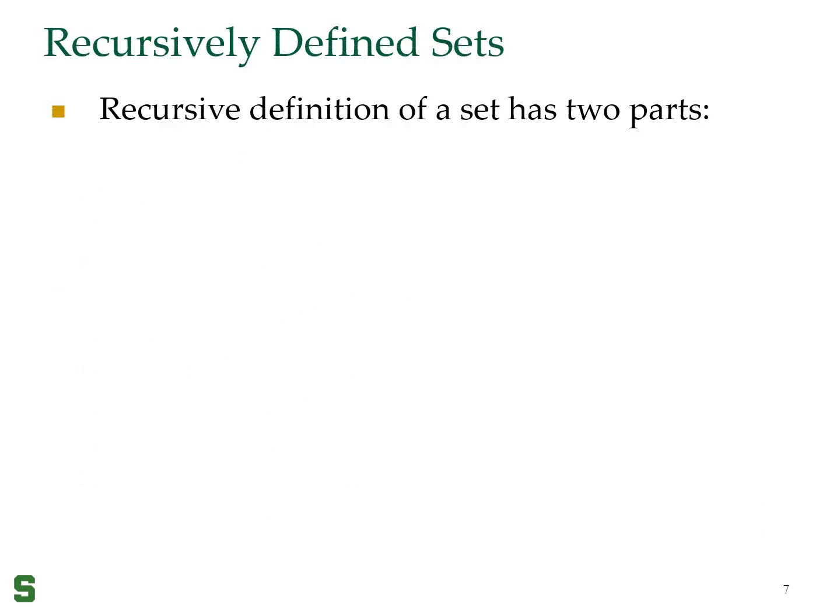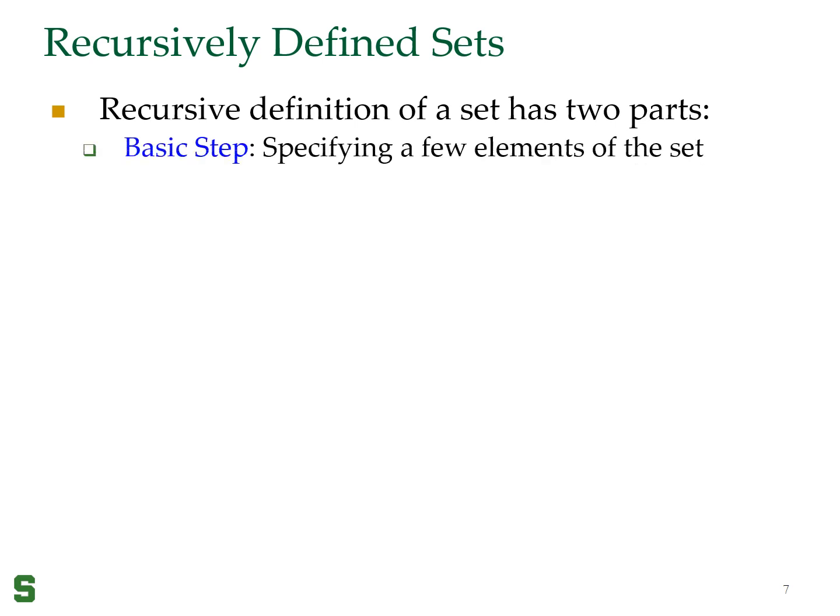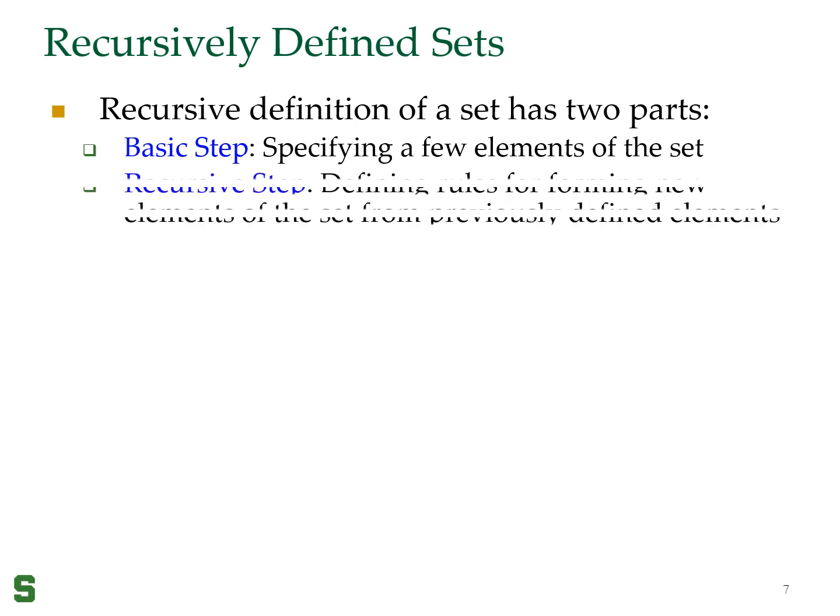We can define sets recursively as well. So for a recursively defined set, we need to have a basic step that specifies a few elements in the set, and a recursive step that says how we get new elements in the set based on previously defined elements.